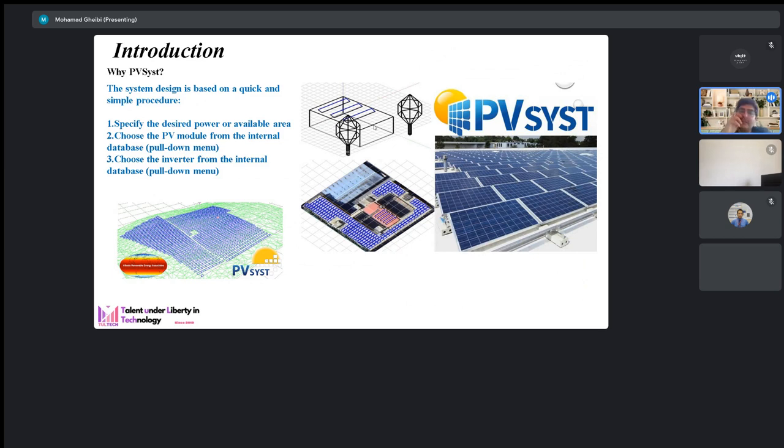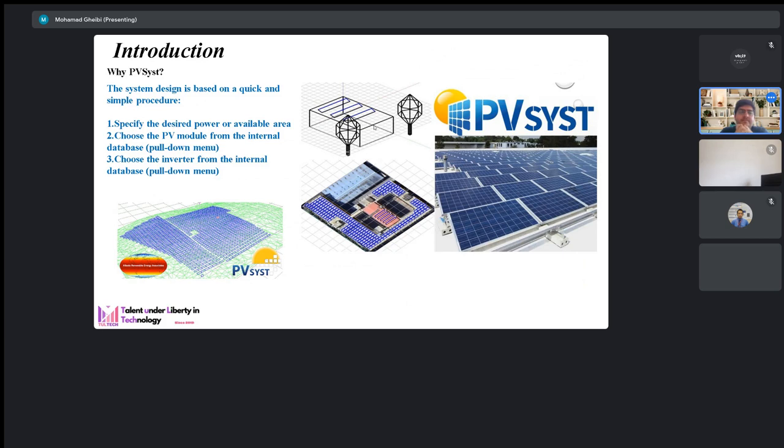For example, you can imagine that there are more than 20 different softwares that you can use for simulation of solar systems in buildings. But how can we understand which of them is the most popular and valid for use, based on the huge number of feedbacks and users that send feedback to the company? And PVC is one of the most popular software in this field.